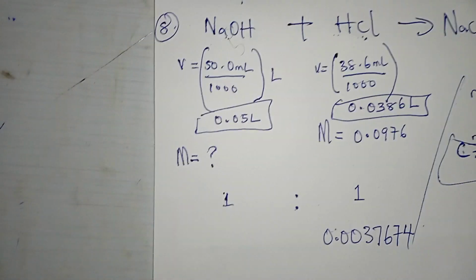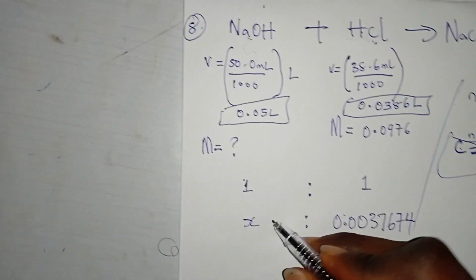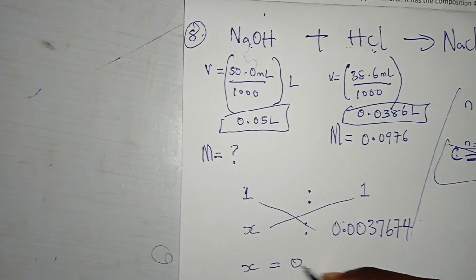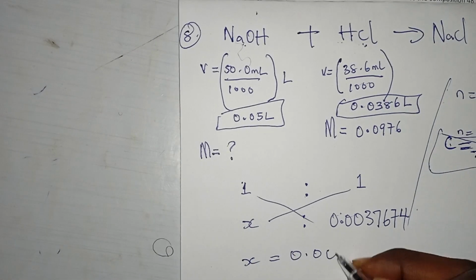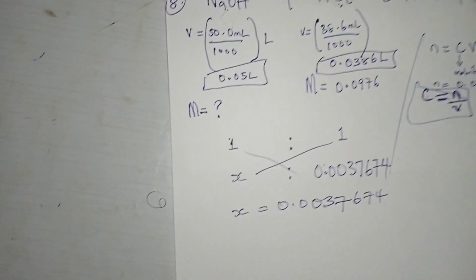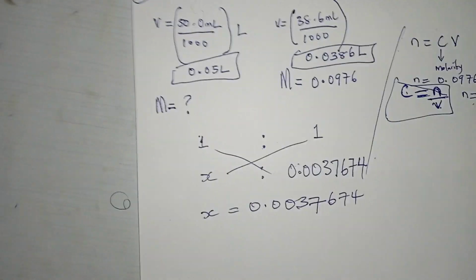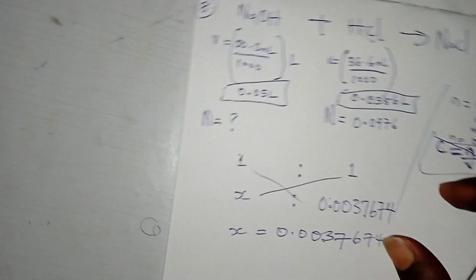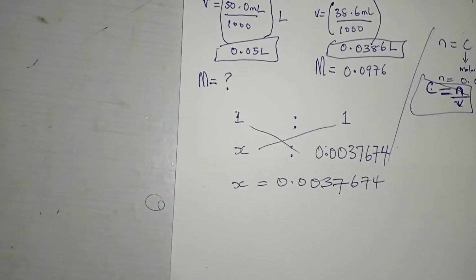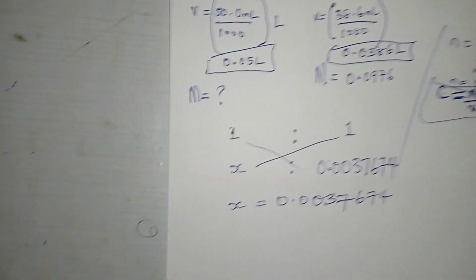Since they are in the same ratio, even if I make this x and cross multiply, x will be equal to 0.00376774. I'm carrying so many decimal points because the more decimal points you have, the more accurate your answer will be. So once I know this, I've gotten my mole for this.